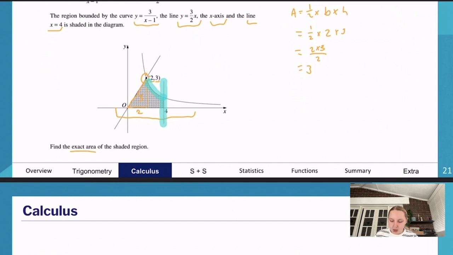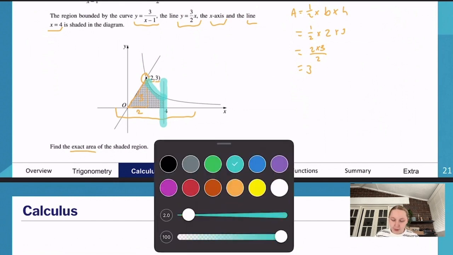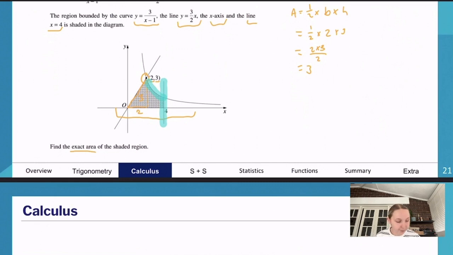Okay? So I'm actually going to make this blue so it makes a little bit more sense. So then we're thinking about, we've got between 4 here and 2 here. So we're going to be integrating between 4 and 2. And we're integrating to find the area between 4 and 2 of just this function, right?